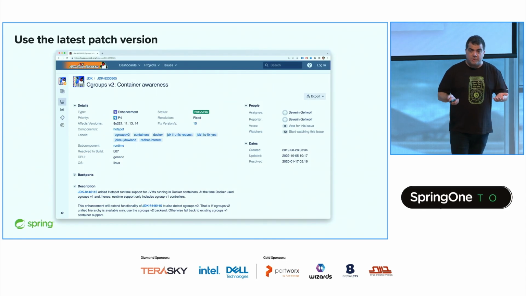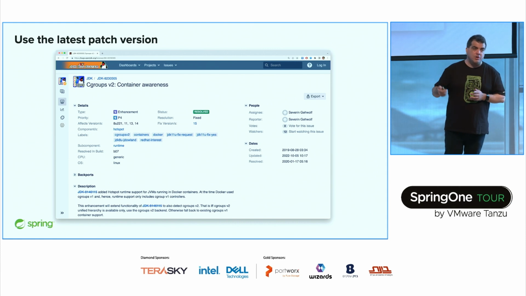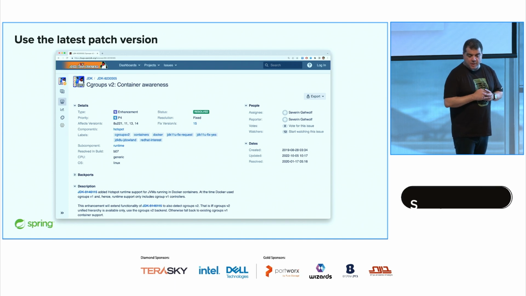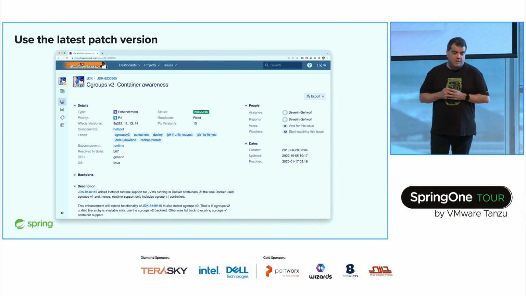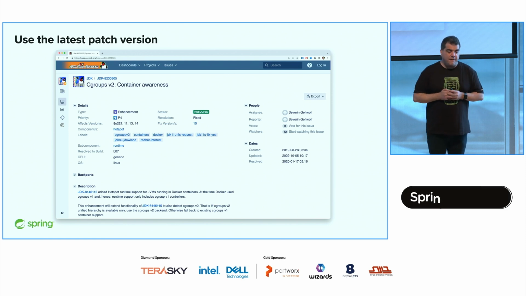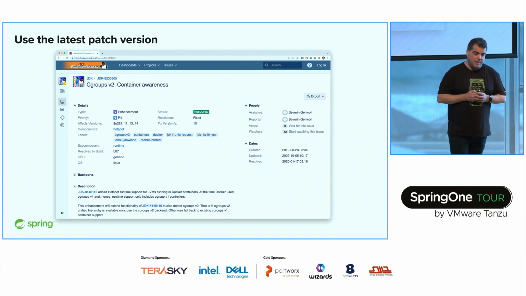Even the latest patch versions that are still being released in the OpenJDK community are having additional benefits while running in containerized environments. For example, this new feature request in the JDK community is enhancing the container awareness to use cgroups version 2, which is basically the more common Docker engine that we're using in the wild today.